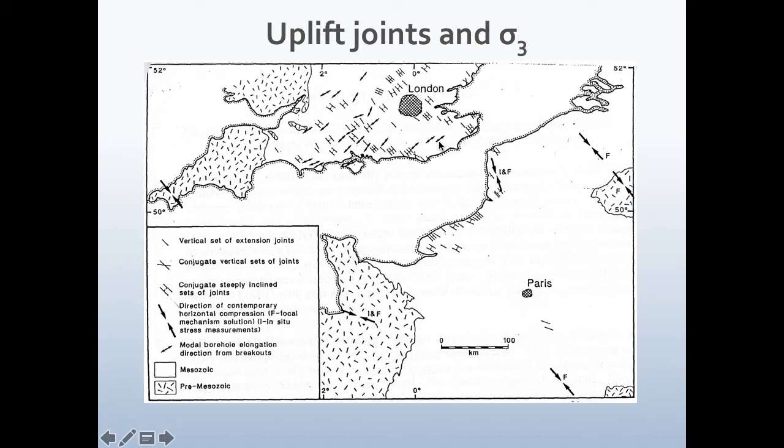So you can see that these are perpendicular to the extension of the joints, and that's what we'd expect if the current stress environment is the same as the environment when the joints formed. That looks to be the case in southern England and continues on into France.